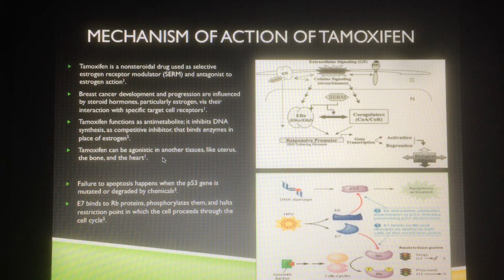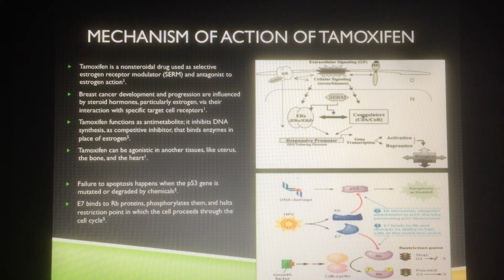Tamoxifen can be agonistic in other tissues like the uterus, the bone, and the heart. So we want to see these side effects in the next slides and how they are produced. In this picture on the right, we have the estrogen receptors, whenever they are bound to serum, and some RTKs that bind growth factors, and they produce cellular signals.